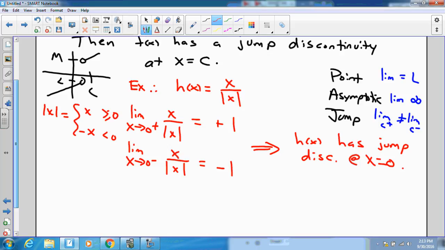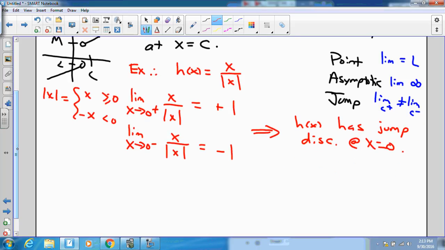That's a common phenomenon. Yep. Very good. So those are our three types of discontinuities. And to find them, we look for potential places where our function might have problems: excluded values, joints for piecewise functions. And then we use the limit to classify.